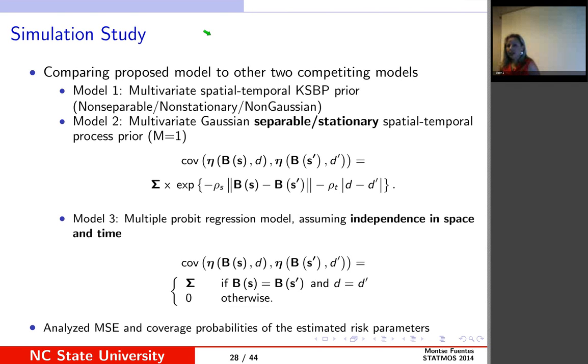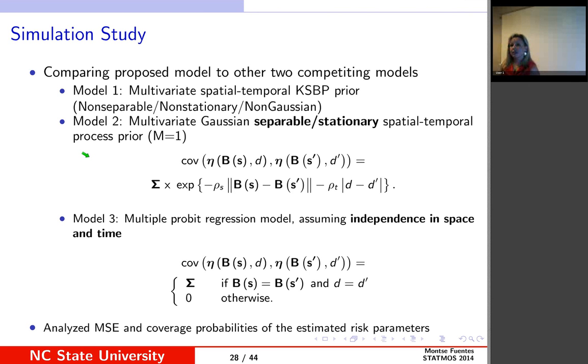And then a simpler particular case would still be a stick breaking, but in this case we're going to be working with a Gaussian. So we want to evaluate the impact of working with the stick breaking, non-Gaussian, versus just working with a multivariate Gaussian, probably the default for many of us, which would be separable stationary.